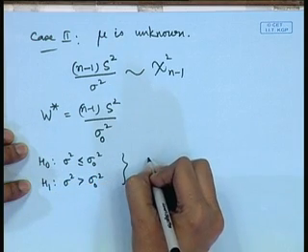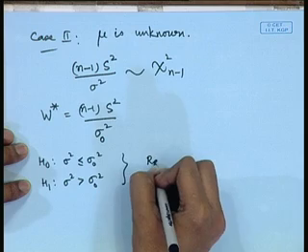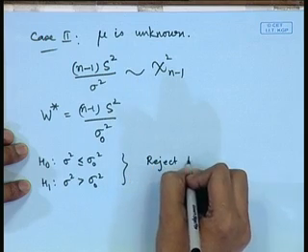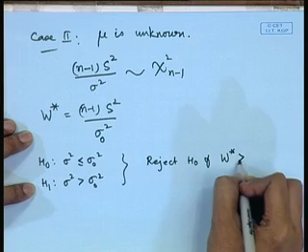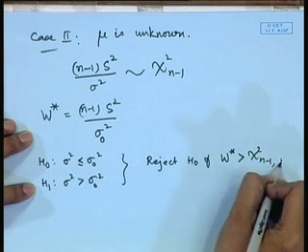So, what will be the test function? Reject H naught if W star is greater than chi square n minus 1, alpha.